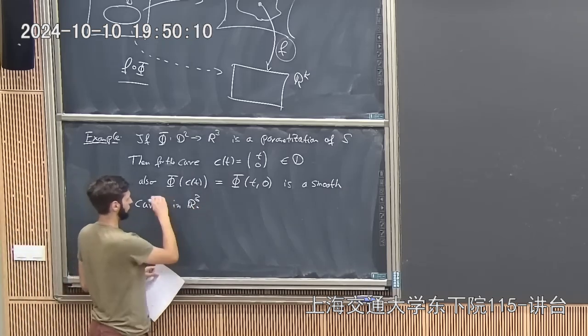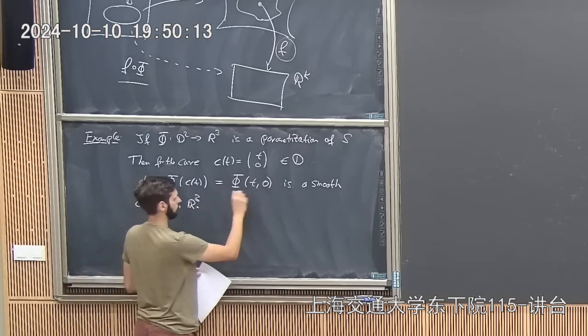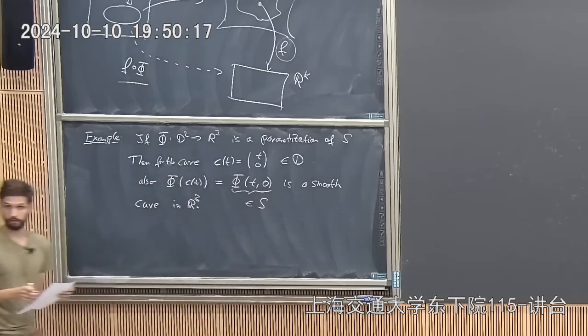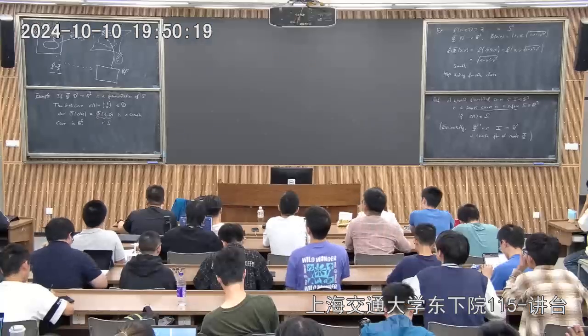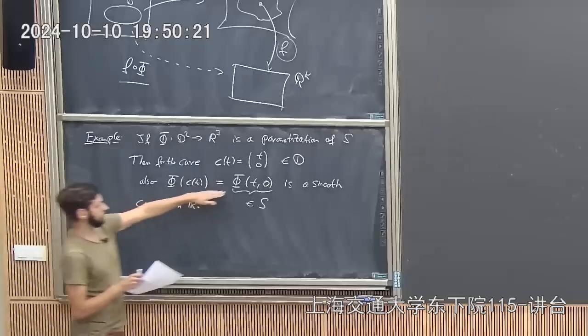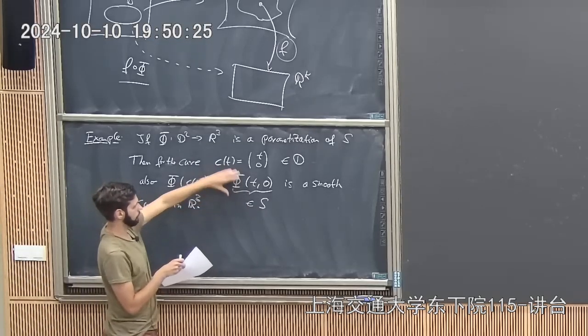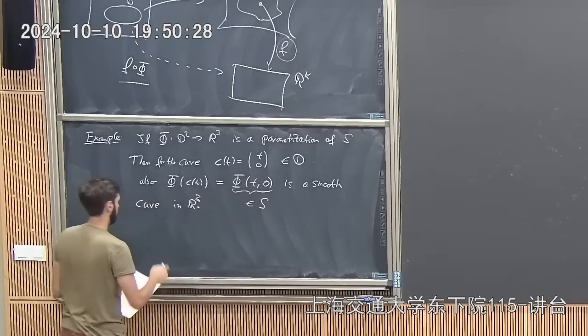But of course, almost by construction, that point here is always an element of S, because it's a parameterization. So S is defined, locally at least, as the images of phi.